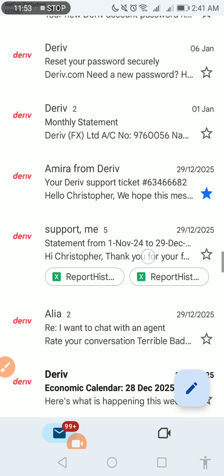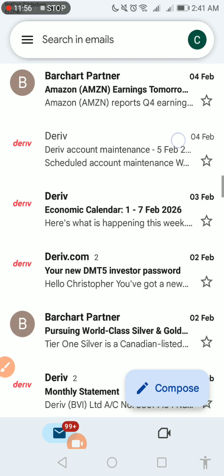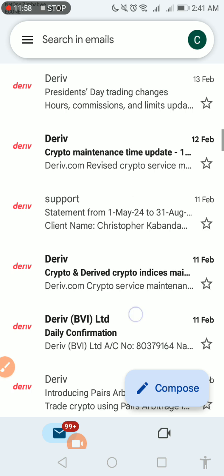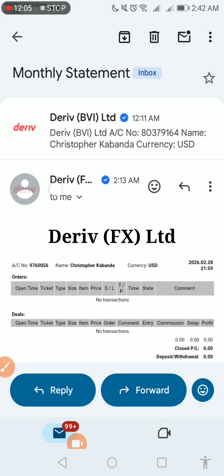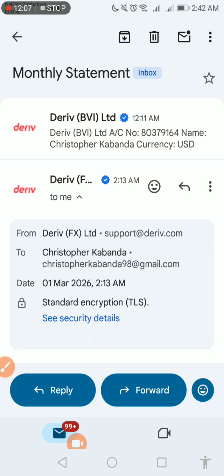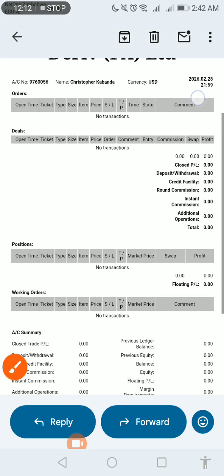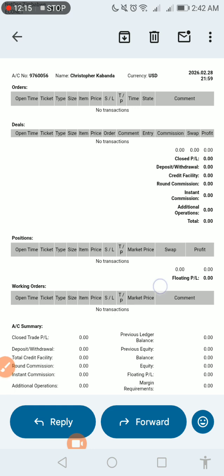Then I'm now going to show you broker statements. So for CFDs, the FX account doesn't have anything. Okay, that's the low leverage STP account. There's no trade, no positions there.